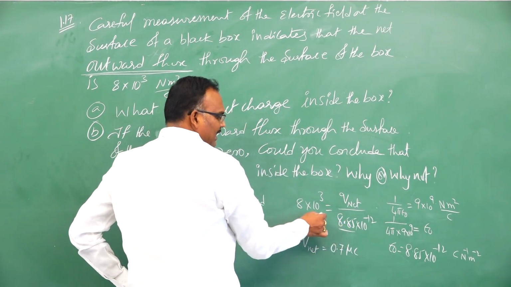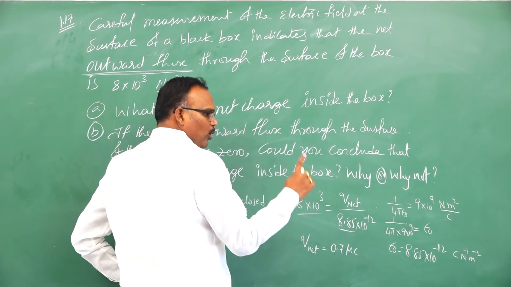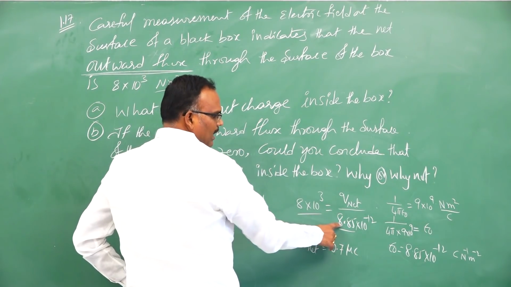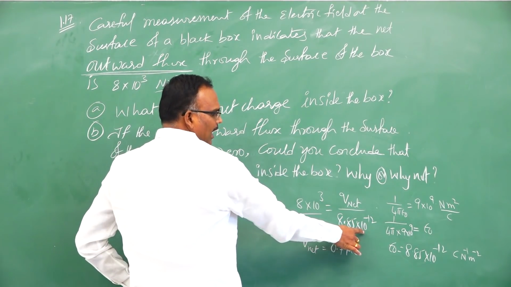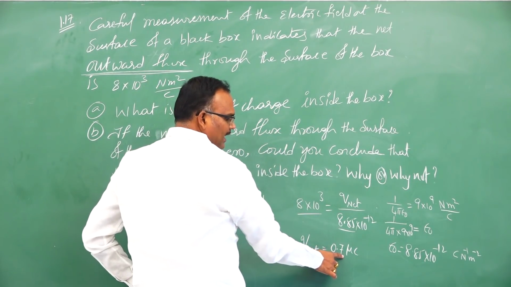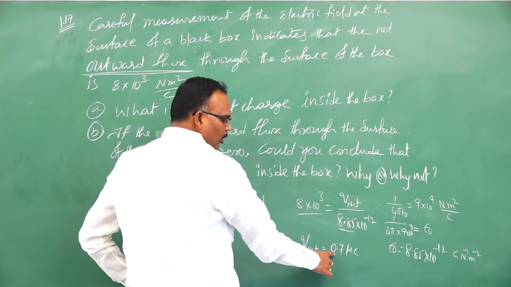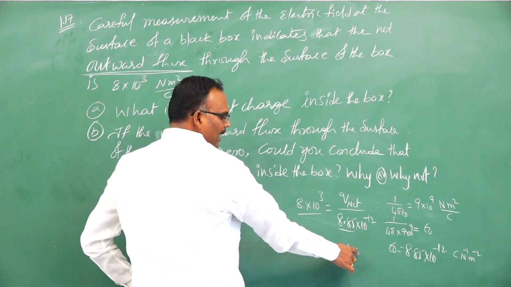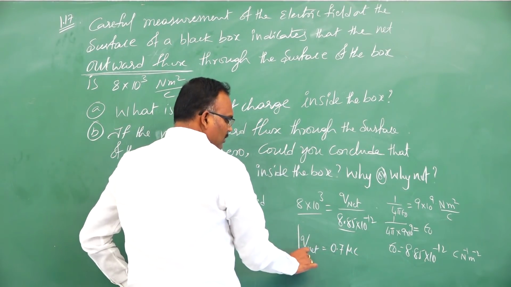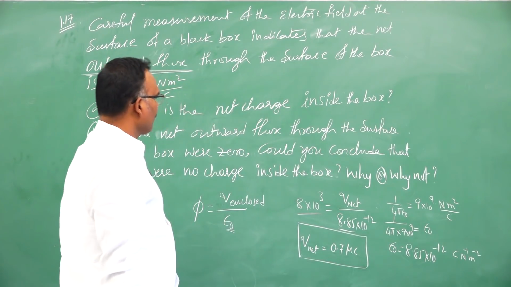If you multiply these two, you will get 8000 into something. Here I have 10 to the power of minus 12. So 0.7 into 10 to the power of minus 6 you will get. 10 to the power of minus 6 can be written as micro. So that's why net charge is 0.7 microcoulomb.